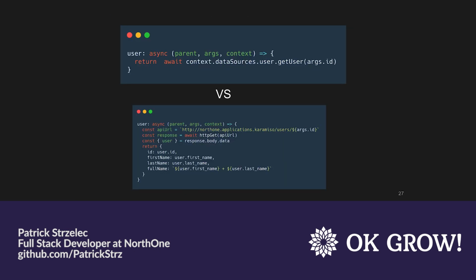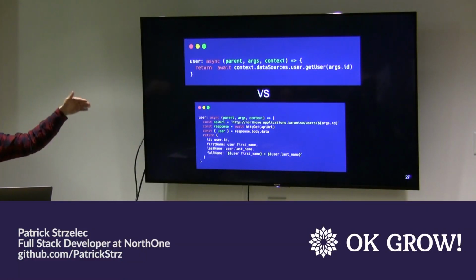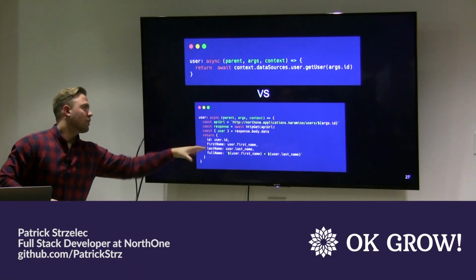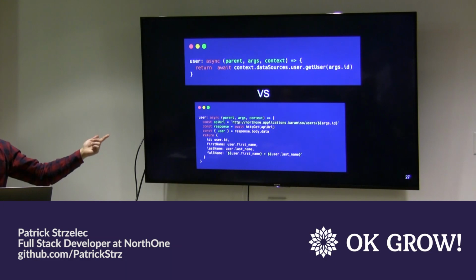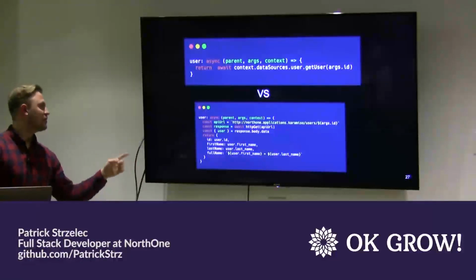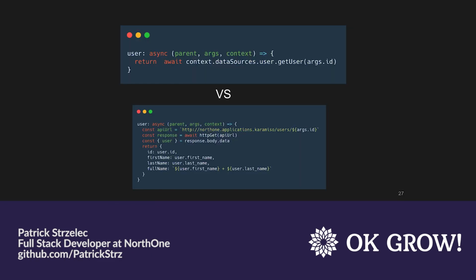So this is what that looks like. The ideal case here is you're just looking at your data sources: access the user data source and get that user. Versus here, we have to know about the API, and then what if you change that endpoint one day? You have to go in here and change that. And then here we're mapping over the way our data is returned from the backend, and we're changing the case.